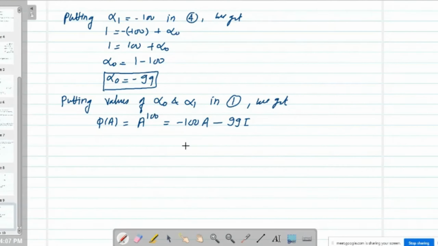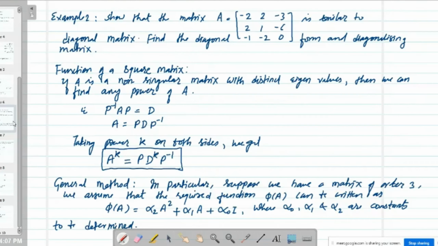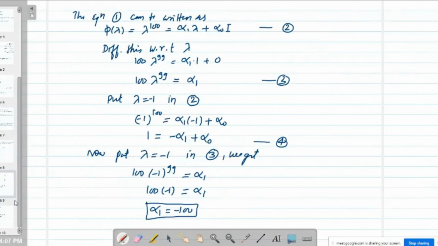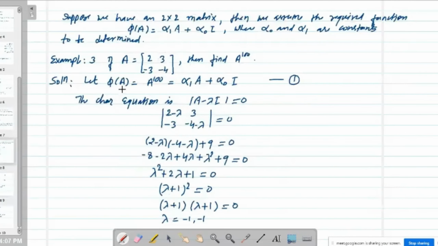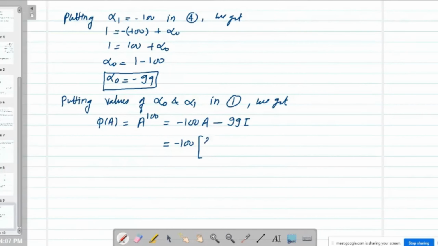So this equals minus 100 A. Your matrix A is 2 3 minus 3 minus 4, minus 99 identity matrix 1 0 0 1.